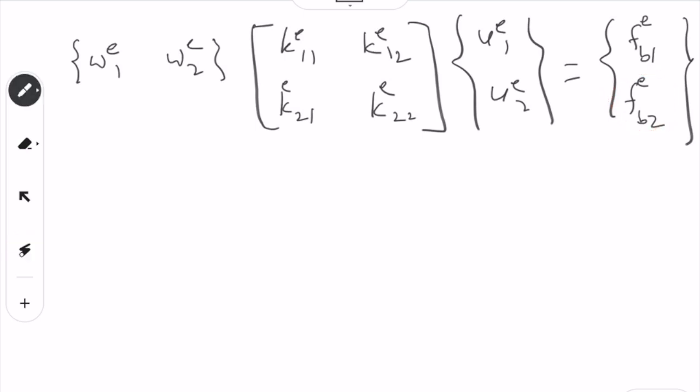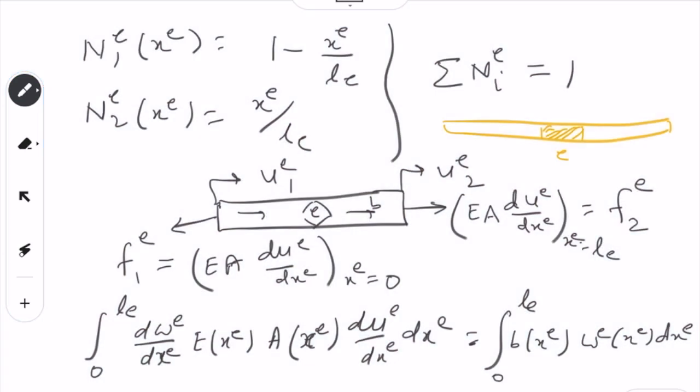There may also be concentrated forces. So if the element itself has some concentrated force at the ends, either there is a concentrated force, if you are looking at the element, either it will have some reaction forces. If you cut it here, for example, there will be some normal force here. So this is the normal force we are talking about. So at the end, whatever the normal force is, that will be there.